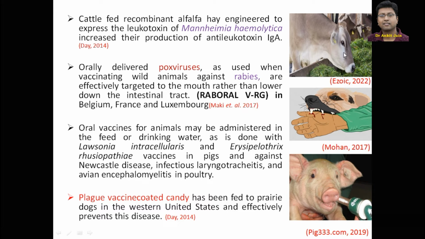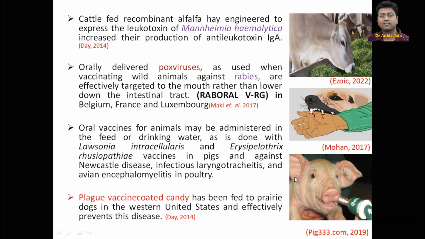Like in rabies vaccine production, the pox virus acts as a delivery vehicle, and the rabies virus, a Rhabdoviridae family virus, is introduced inside the pox virus, and finally it is an oral vaccine, and it is given to dogs. The trademark of this oral vaccine is Raboral VRG.